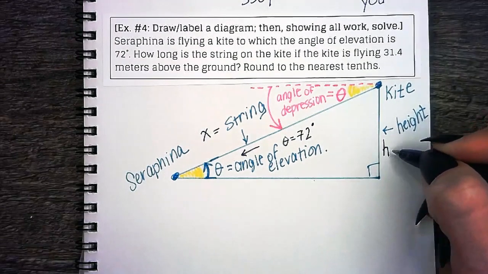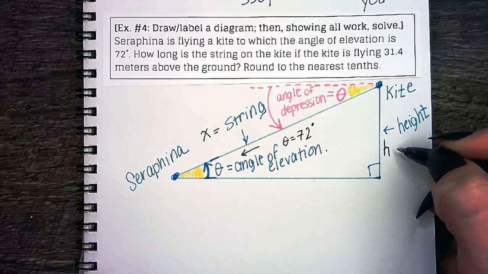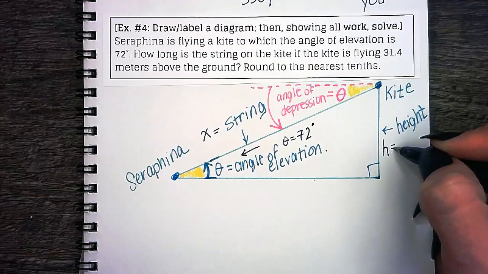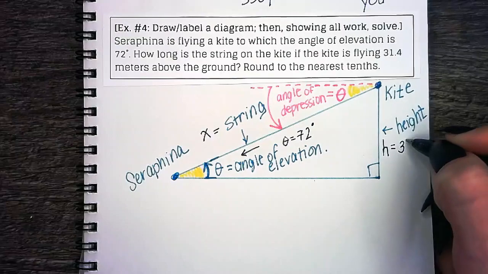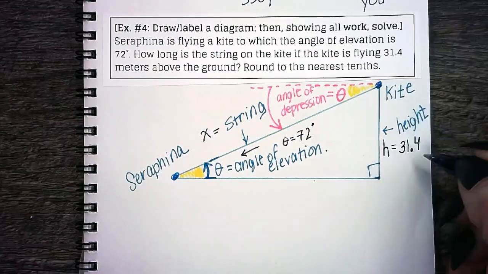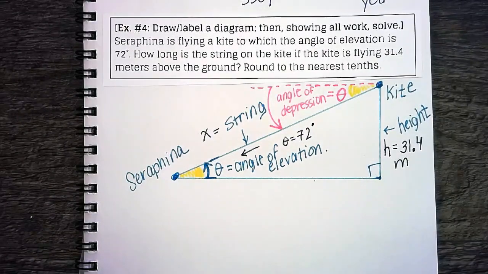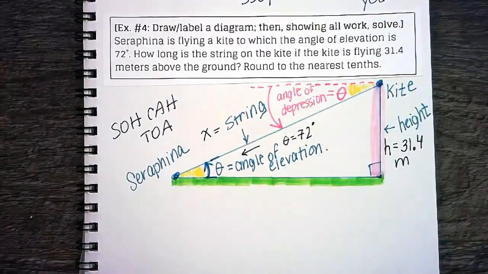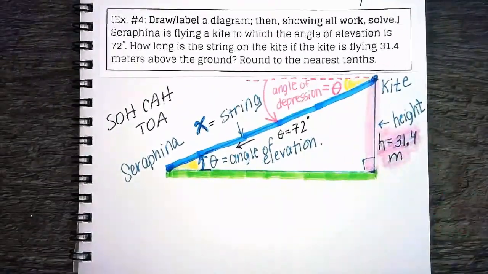So h, not to be mixed up with hypotenuse, equals 31.4 meters. We can do what we did before, and we're going to look at the mnemonic device and then use the trig function that has the 2 sides we're working with and eliminate the other 2.